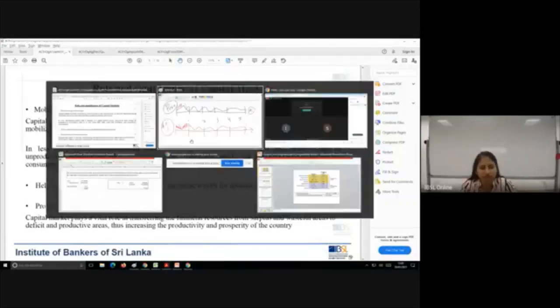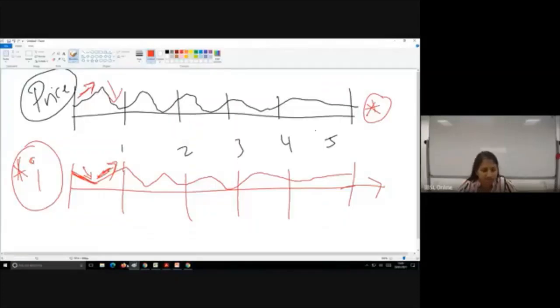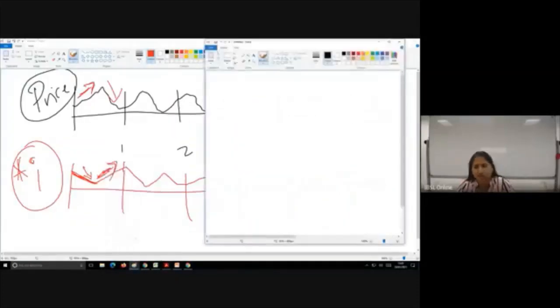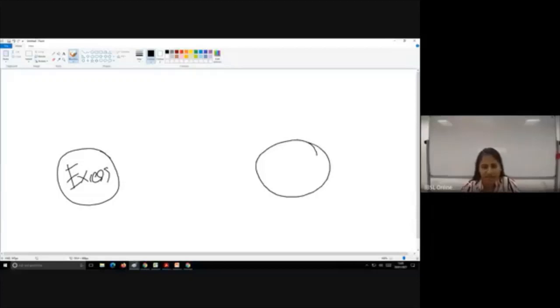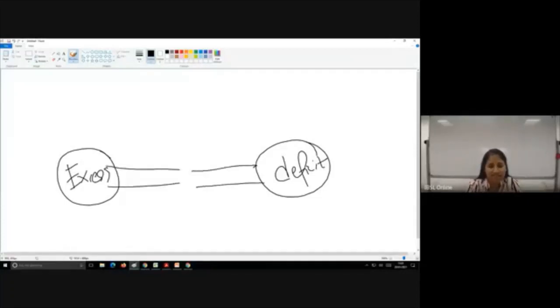Now remember, in our very first lesson, we saw the financial system diagram. We had the excess units and we had the deficit units, people who didn't have funds. One of the ways where they can interact is through financial markets.